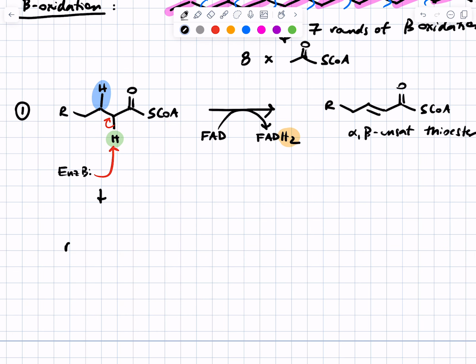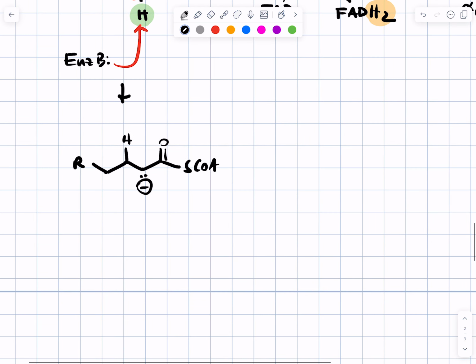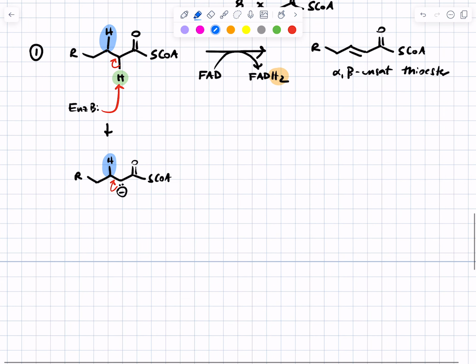That's just enolate formation. Okay. In the second step, the lone pair electrons on the alpha carbon are going to kick down and kick off the hydride, which is going to be delivered to our oxidizing agent, which is FAD.